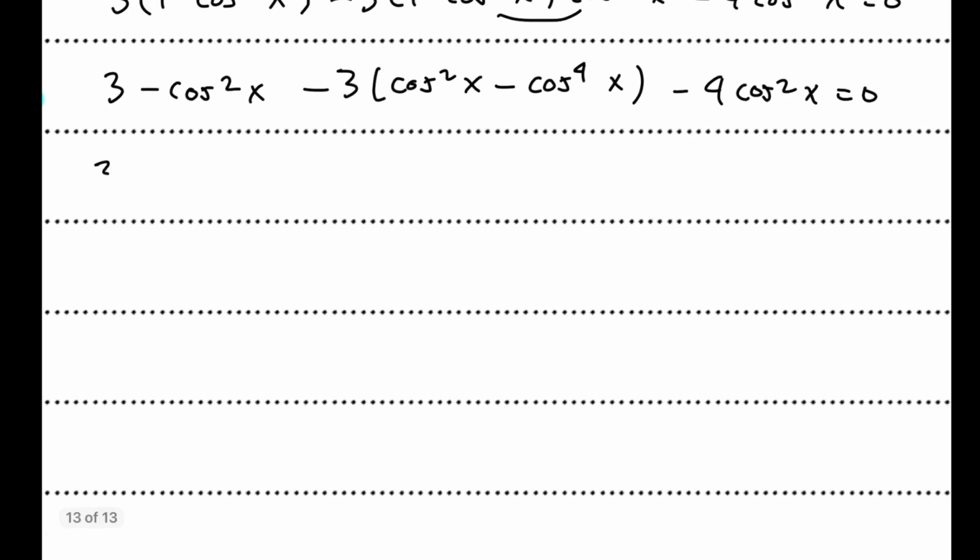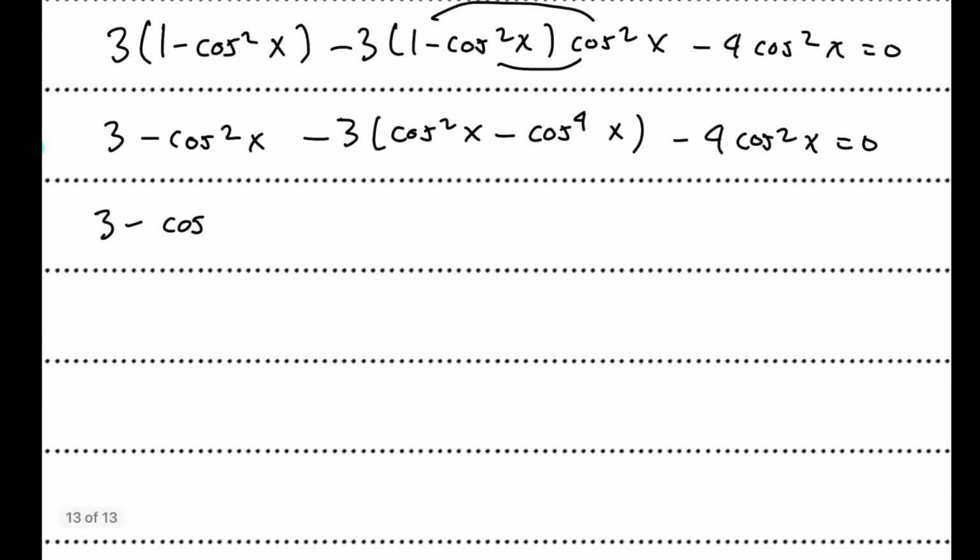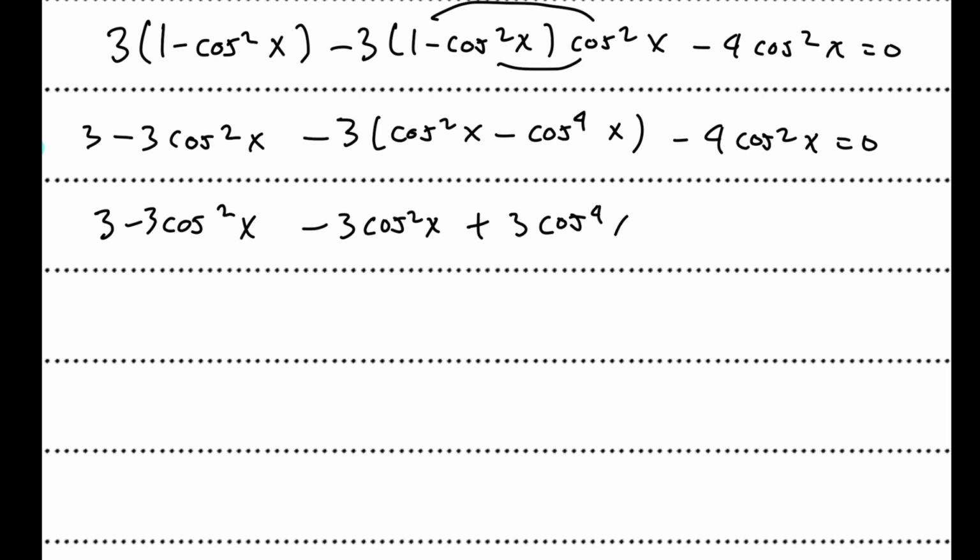We expand again: 3 minus 3 cos square x minus 3 cos square x plus 3 cos exponent 4x minus 4 cos square x equals 0.